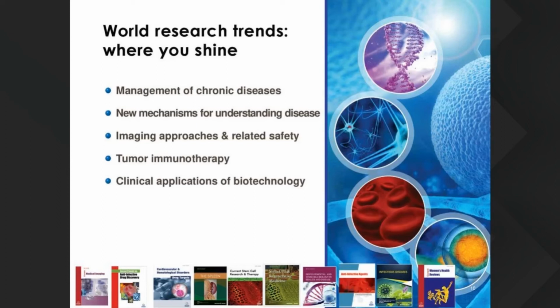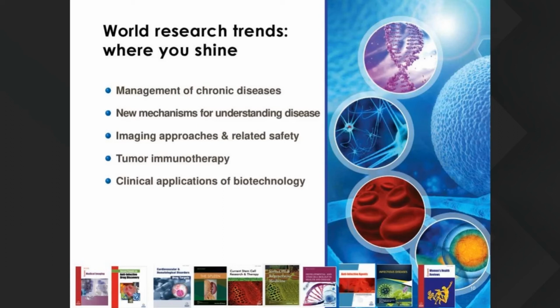You can also target the work that you do into Bentham Science journals and access areas in terms of global research trends where you may be shining as a researcher. And here are some areas that we've identified from global research trends in 2019 and 2020 that are on the up in terms of research publishing, in terms of trends across the industry.